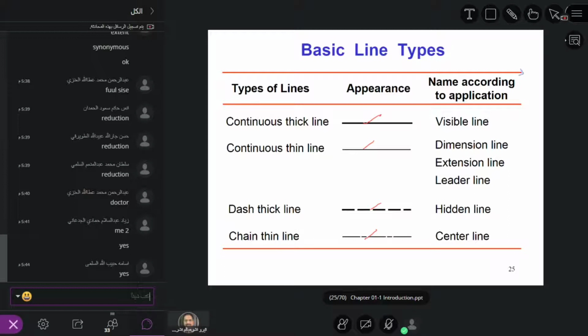Here are the lines, the different lines. Somebody asked me last time, so I'll show you this again. What are the types of lines? If you see the video, this will be much useful to you guys. First watch it, then we'll see.